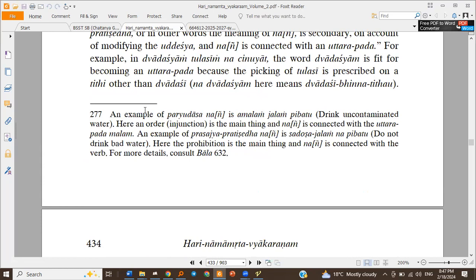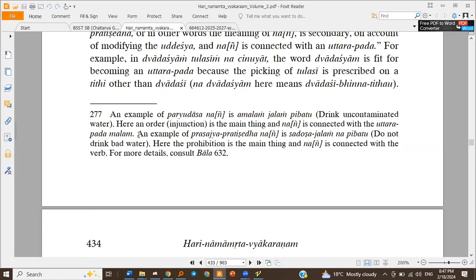An example of paryudasa na, as the footnote says, is Amalam jalam pibatu. Drink uncontaminated water. So here we have compounded the na with the uttarapada malam. In this sentence, an order, injunction, is the main thing, like pibatu, and na is connected with the uttarapada malam.